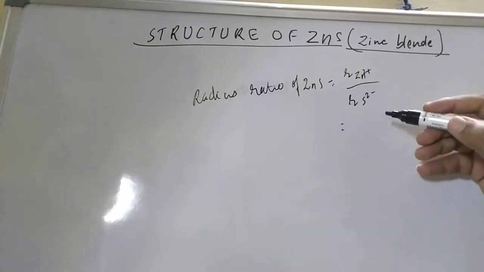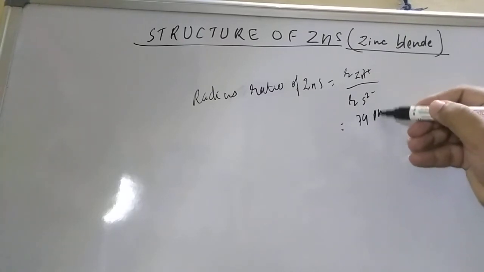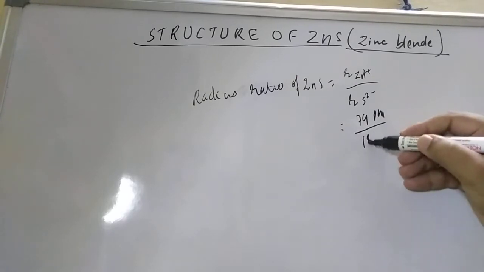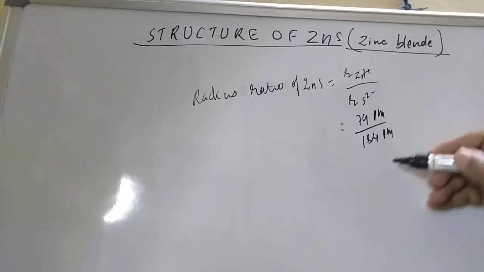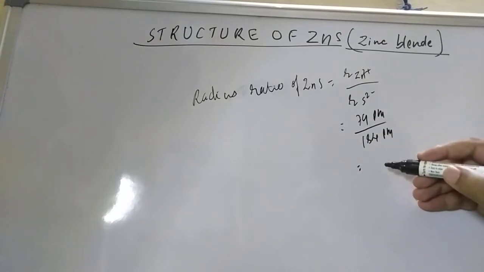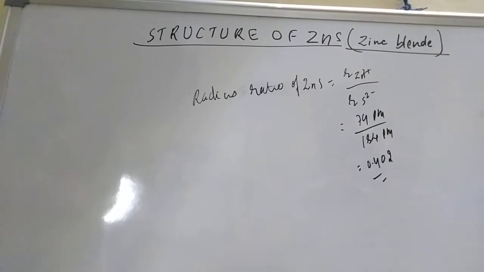We know the radius of the zinc ion is 74 picometer and the radius of the sulfide ion is 184 picometer. If you divide this, you are going to get 0.402. Now we have to understand what its coordination number would be.